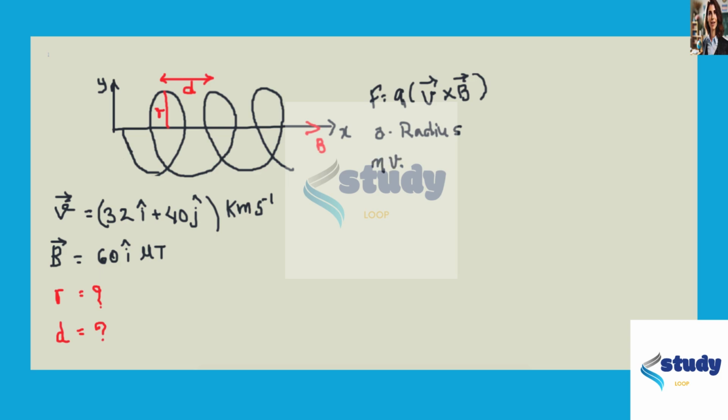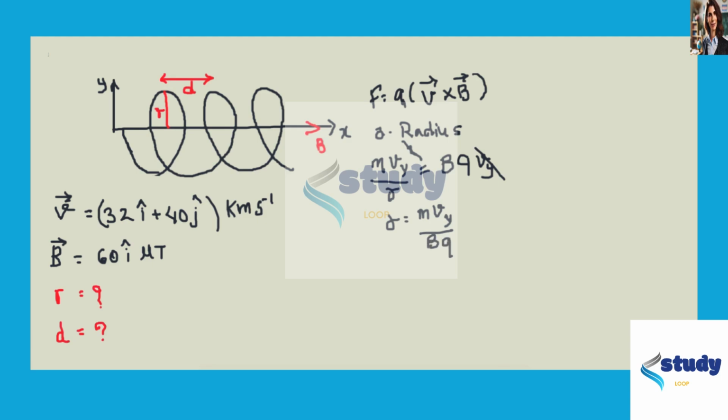So m vy squared by r, the centripetal force, balances the magnetic force, which is B into Q times V, and sine 90 gives you 1. So we cancel out the square and vy here. This gives me r equals m vy upon Bq.